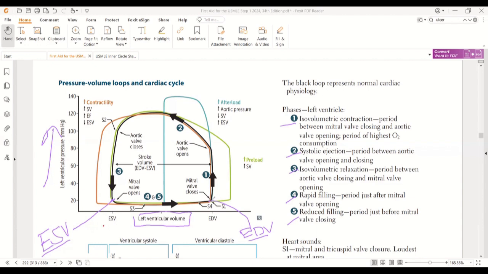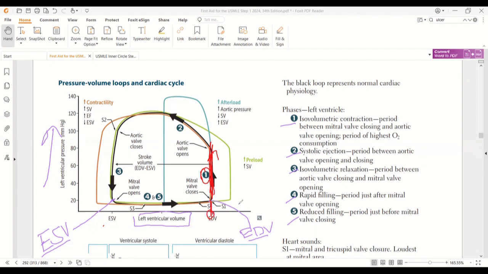In this position, what happened? Pressure is increased. And what happened to the volume? Increase, decrease, or remain the same? Volume remains the same.